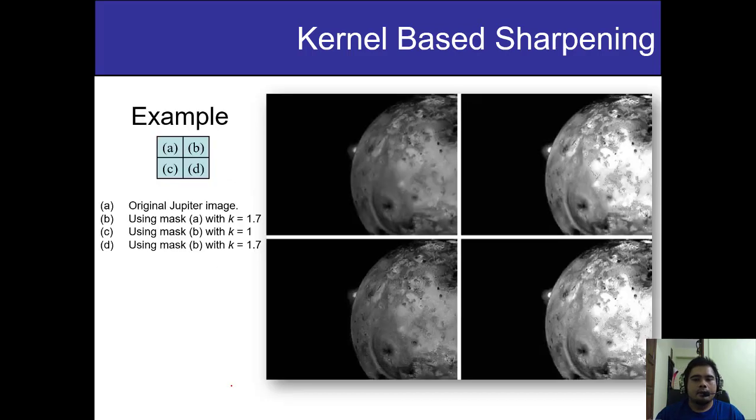Okay, so these are the examples. You can see that this is the original image. This one is B, I think. This one is when you set k equal to 1.7, and this one is using image B, and then k is equal to 1, and this one is using k equal to 1.7.